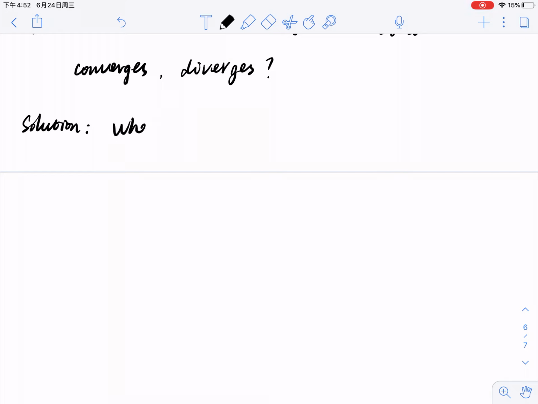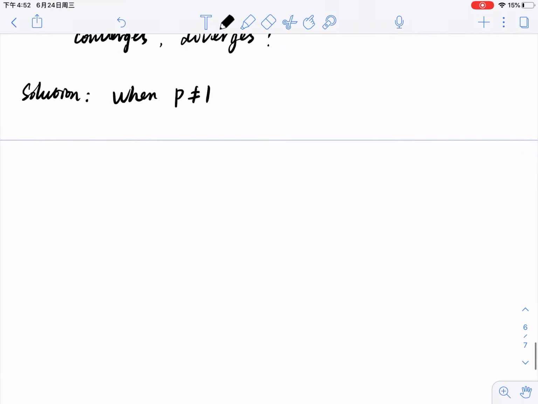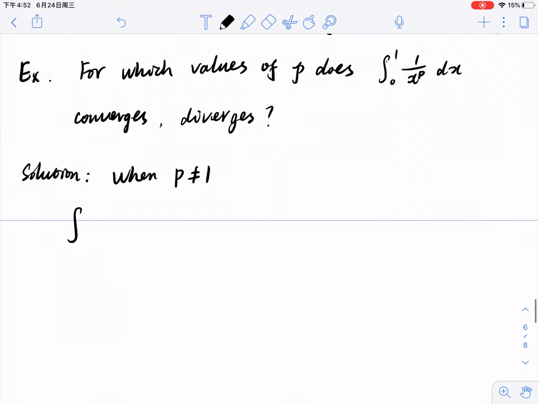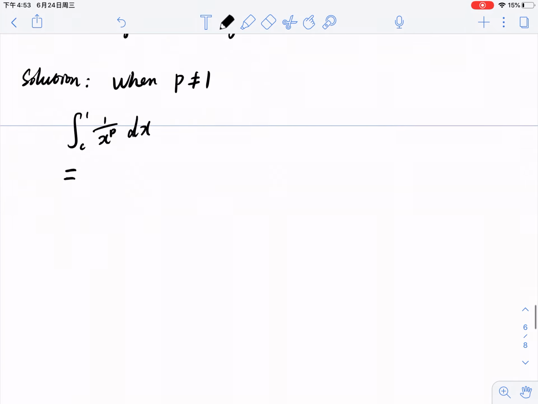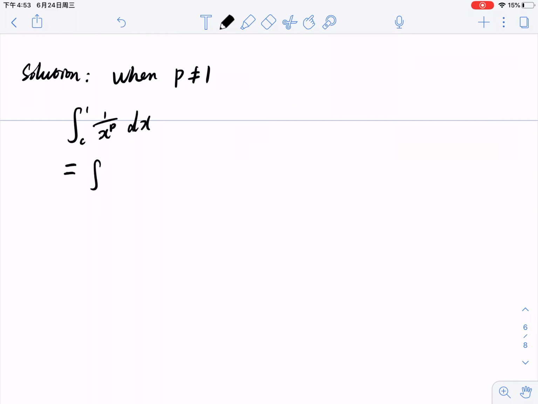So when p is not 1, we first consider the integral of 1 over x to the p from c to 1 dx. We know this is equal to the integral of x to the negative p from c to 1 dx.